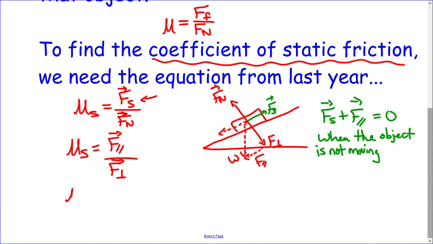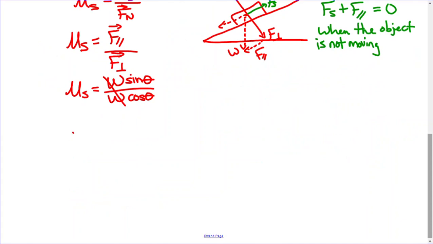So we know that the coefficient of static friction, because we know both of these values, is really W sine theta over W cosine theta. The weights are going to cancel out. And really what I can see here is that the coefficient of static friction is really sine theta over cos theta.